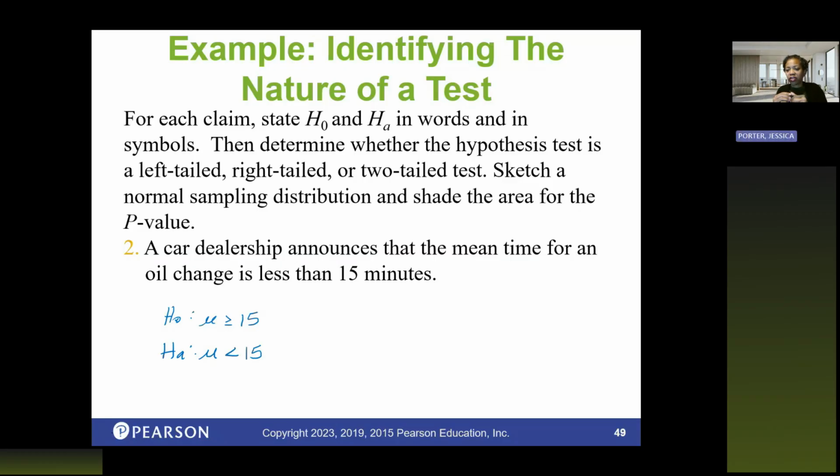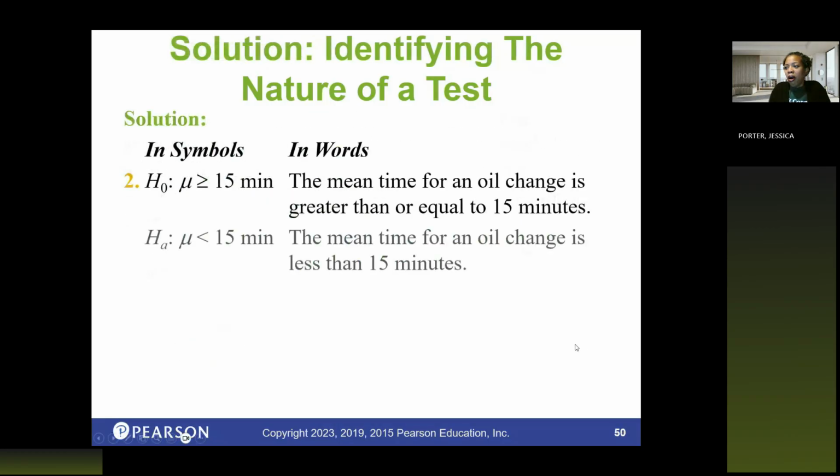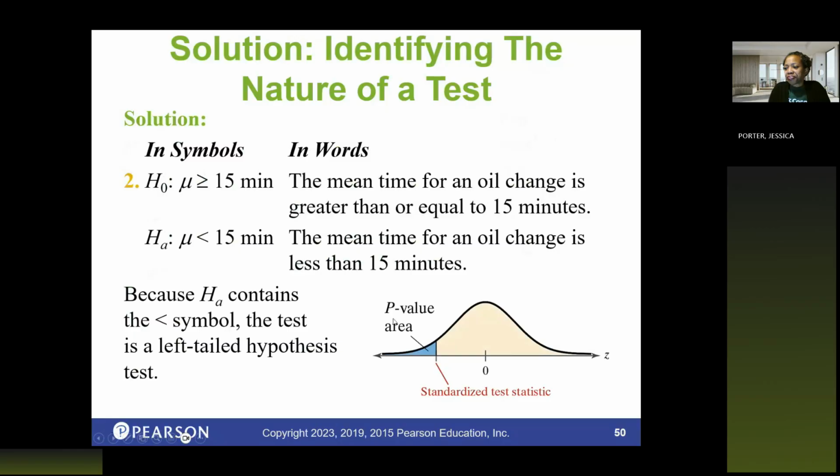Left tail, right tail, or two-tail? Okay, we got some agreements here. It is a left-tailed test. The p-value area, or the probability value area, is in the left tail.